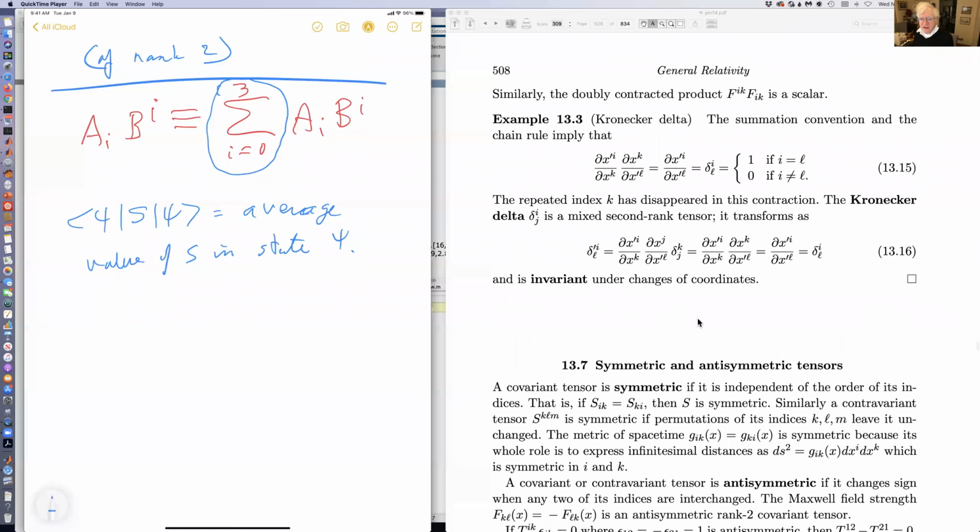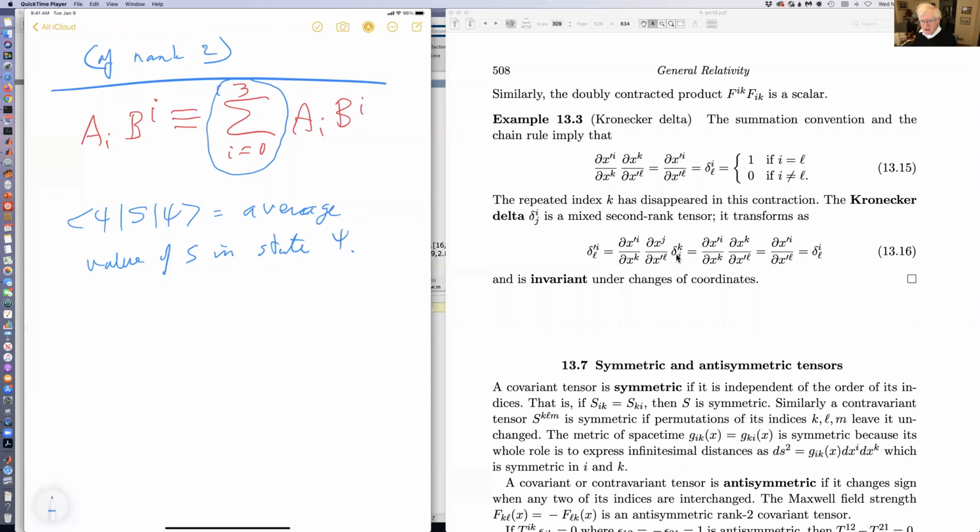And here you see, here's the tensor in, let's say, our coordinate system. Now we switch to a new coordinate system, x prime. Since this has one contravariant index k and one covariant index j, it's a tensor of rank 2, and would transform this way.